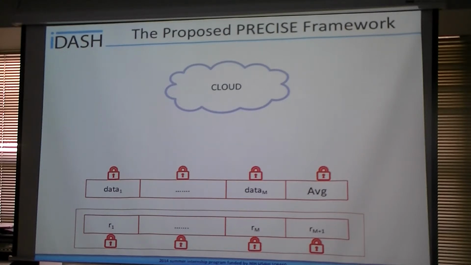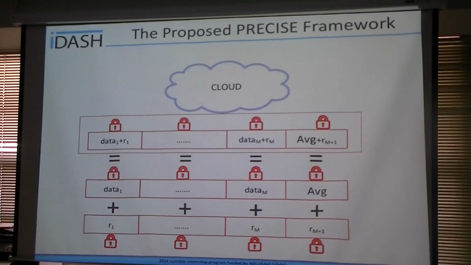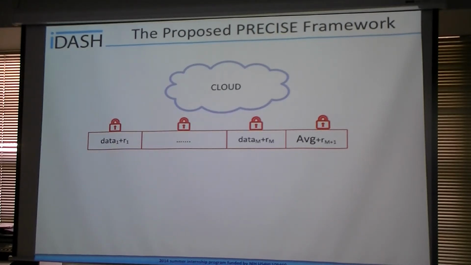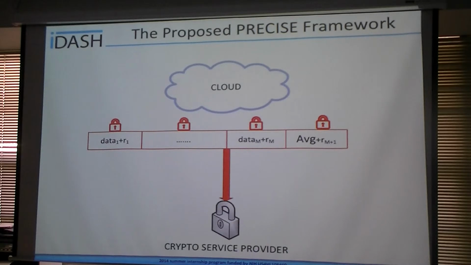The cloud encrypts all of the random masks using the same public key. Then it adds each of them with the corresponding encrypted data following the homomorphic addition property. The cloud will get n+1 encrypted summations of the data and the random mask. The cloud will send these encrypted items to the critical service provider.